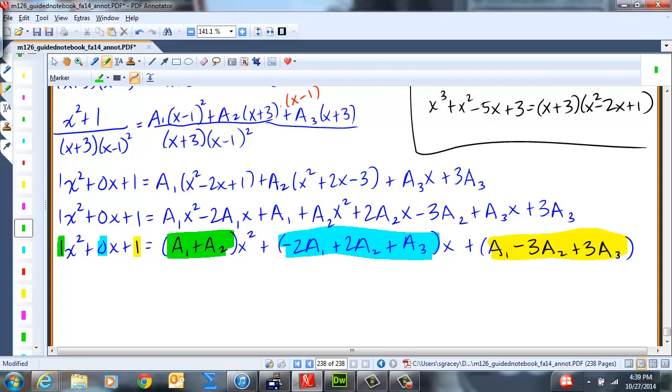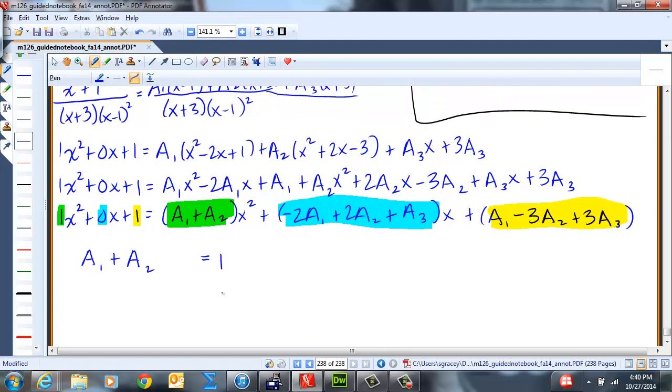So that's what we'll equate those two. So let's see what kind of system we have. So we got A1 plus A2 is equal to 1. And then we have negative 2A1 plus 2A2 plus A3 is equal to 0.